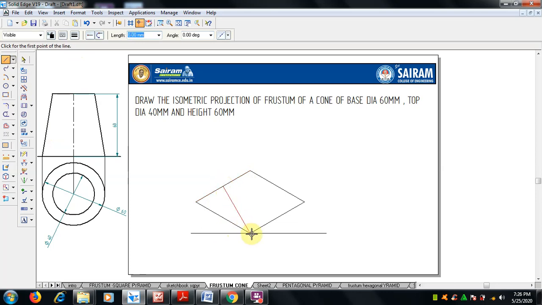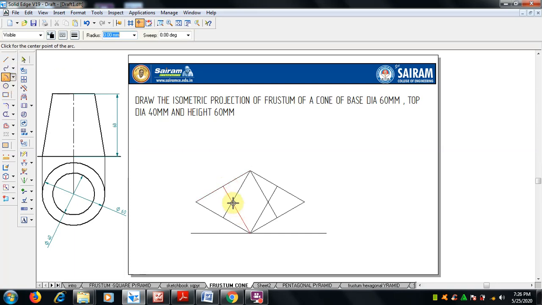Okay, and from here again to this midpoint, like this, opposite corner, and here, and opposite corner to here, right? Once it is done, we have to draw the arc.